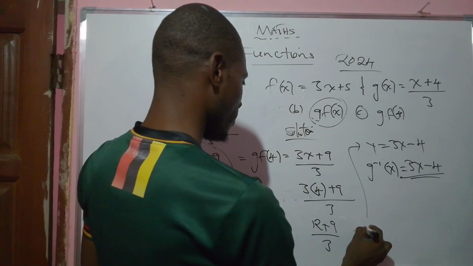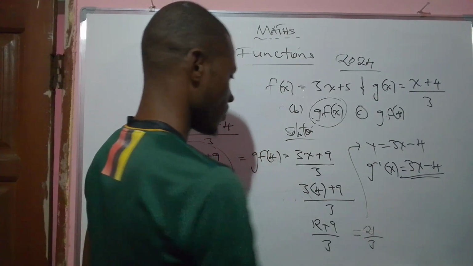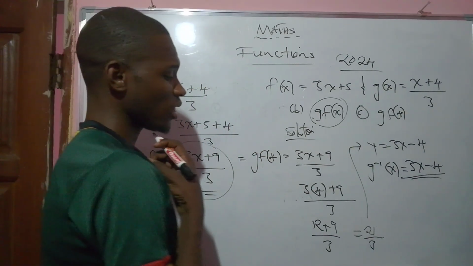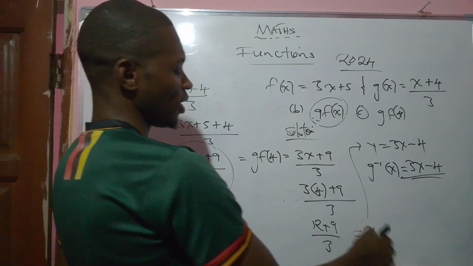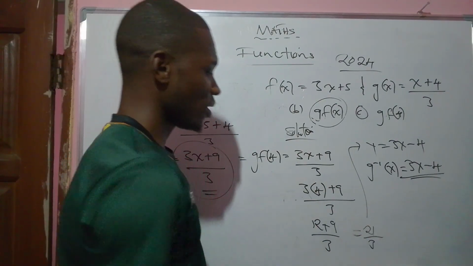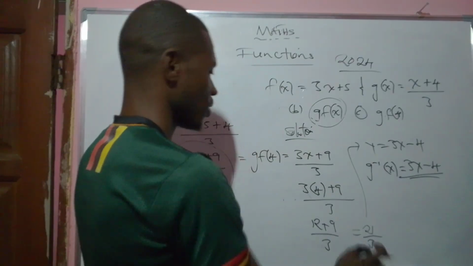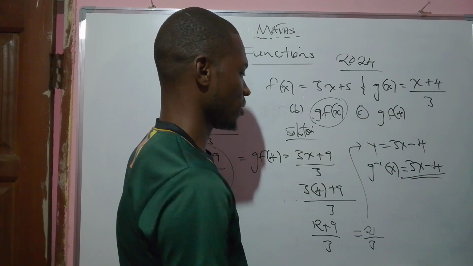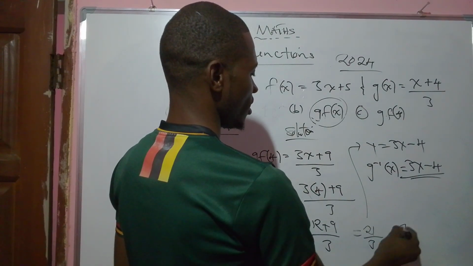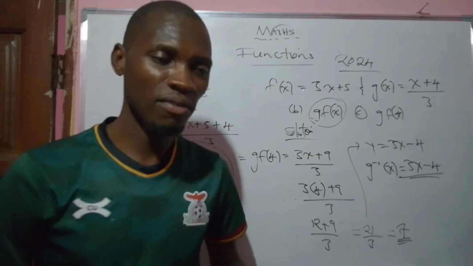So we have 21 over 3. How many times can 3 go into 21? You need to understand that 3 into 18, 19, 20, 21. So 3 into 21 will give us 7. So the answer is 7. That is how we do things in a very simple way.